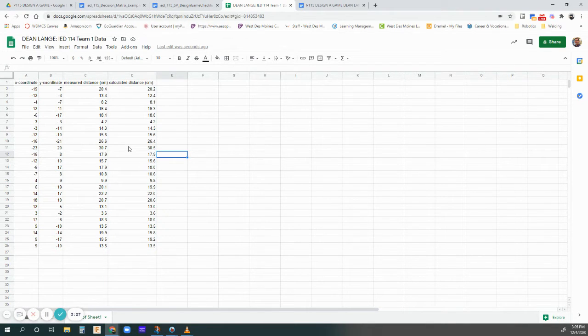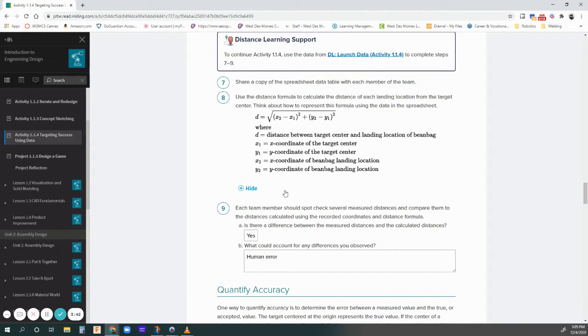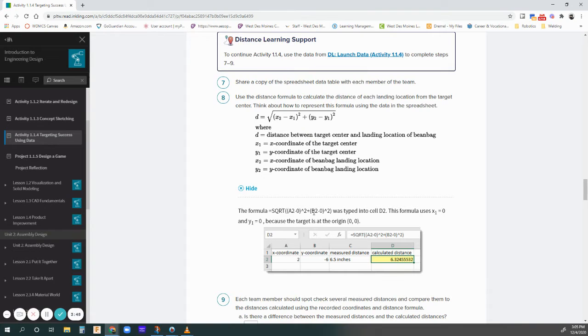Okay. Now, if you look at the distance formula that I did up here, if I double click on that, you'll see that's in there. And if I look in the activity, it shows a similar formula. They just did it slightly different than I did.